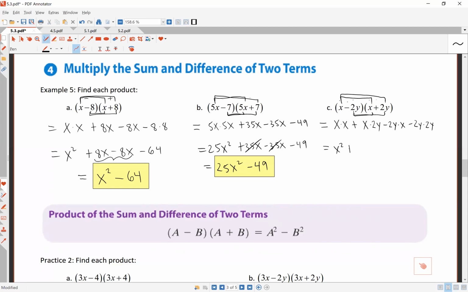We get x squared plus 2xy minus 2xy minus 2 times 2 is 4, and y times y, which is y squared. Here, the middle two terms cancel, and we're left with x squared minus 4y squared.